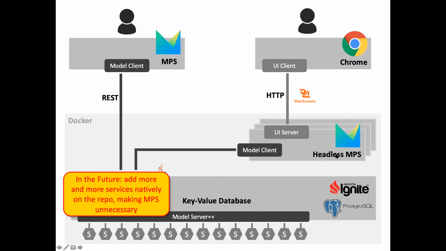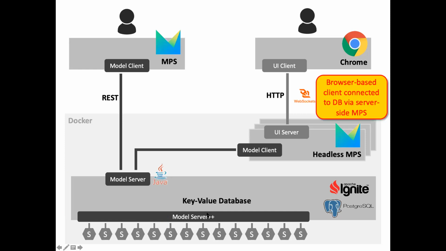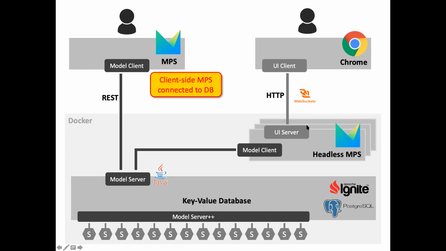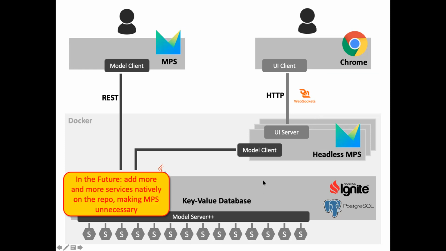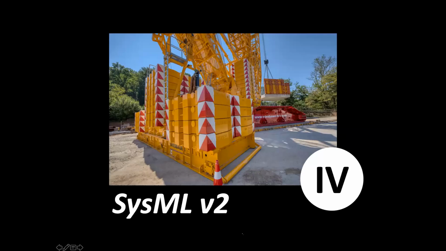So right now, for example, the type checker runs in MPS as an MPS language on the MPS representation. We'll develop a type checker and a way to specify type systems on this level, so we can step by step get rid of MPS here, and at some point we just don't need this anymore and everything runs on this database with these services, again getting closer to the vision I've pointed out before.